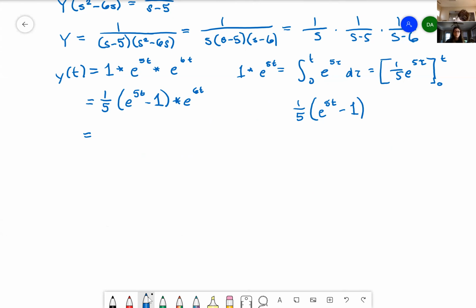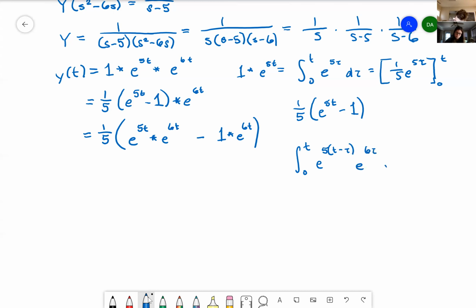So I can pull the 1/5 out, and I can write it as e to the 5t involved with e to the 6t minus 1 involved with e to the 6t. So what are these? Now we have something that we can work with: the integral from 0 to t of e to the 5 times t minus tau, e to the 6 tau, d tau.